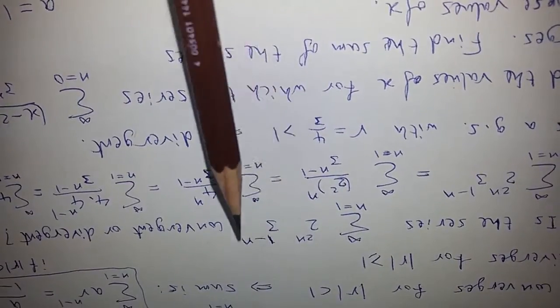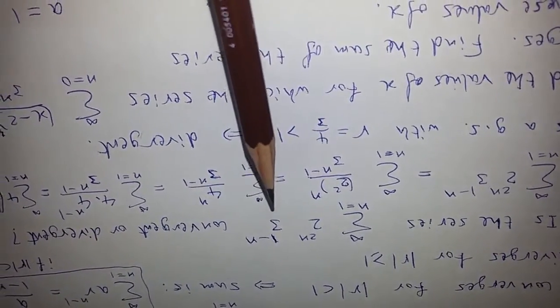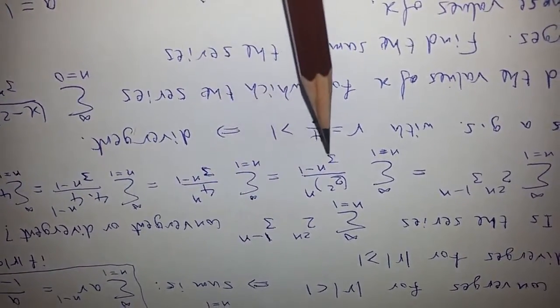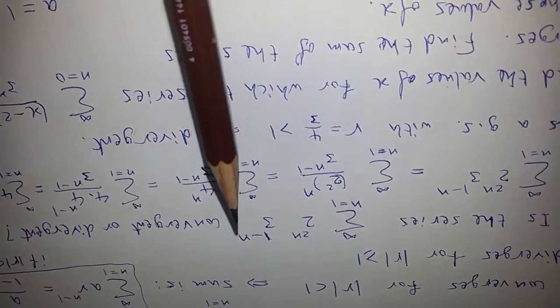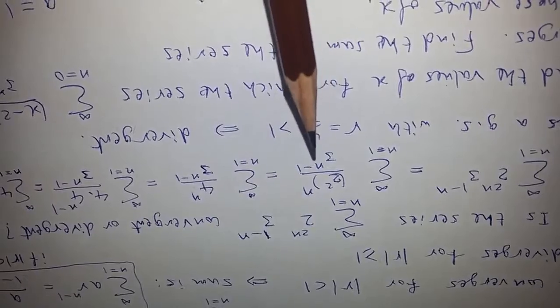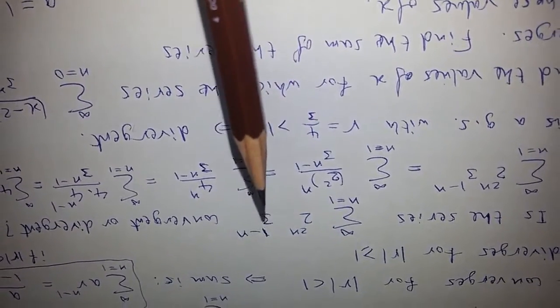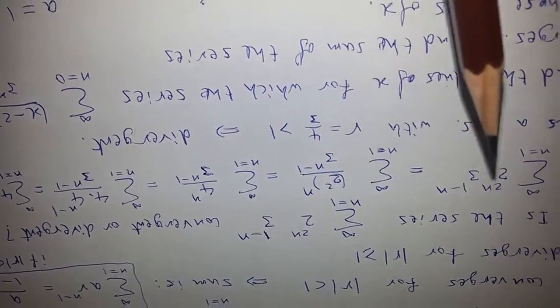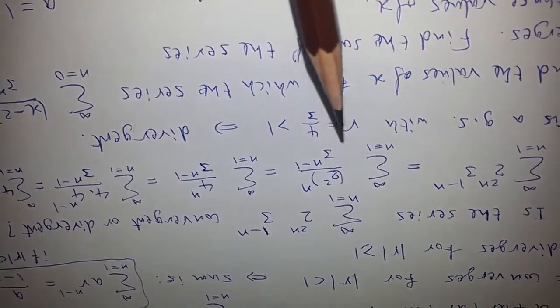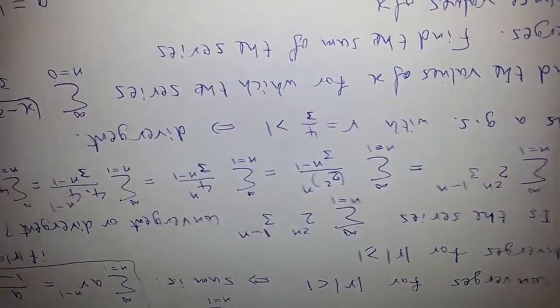And this is 3 to the power 1 minus n. Can I take it down? Yeah, you can put it down, but you multiply the power by negative. So it would be 3 to the power n minus 1. Instead of 1 minus n, it would be n minus 1. Alright, so the series could be written like this.